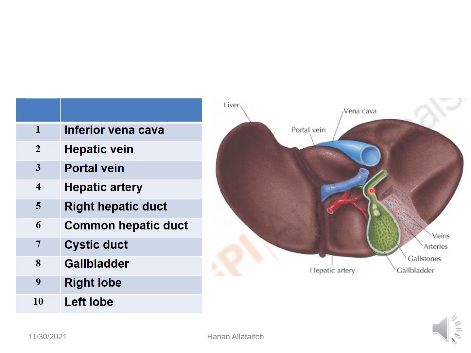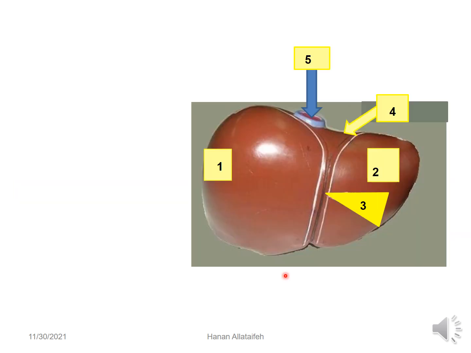Here we have the cystic duct of the gallbladder. Again, this is the large right lobe, smaller left lobe. We have falciform ligament, which will suspend the liver or bind the liver into the anterior abdominal wall.